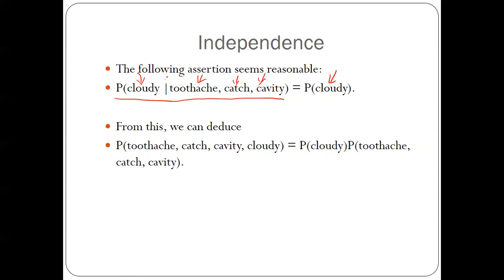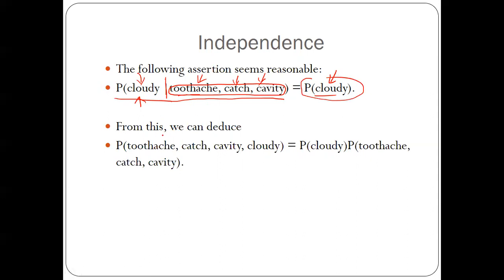Given whether somebody has a toothache, catch, or cavity, it's not going to impact the weather. So the conditional probability is not the relevant thing here. These three events are in no way going to influence this event, the weather, at all. Hence, this can be just written as the probability of cloudy, the probability of the weather being cloudy. That's it.